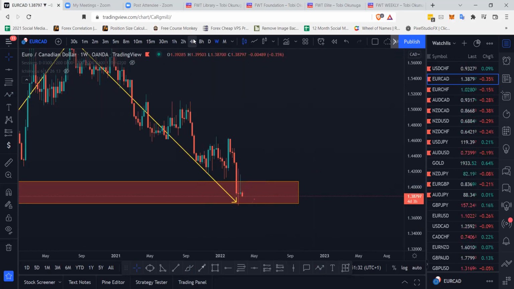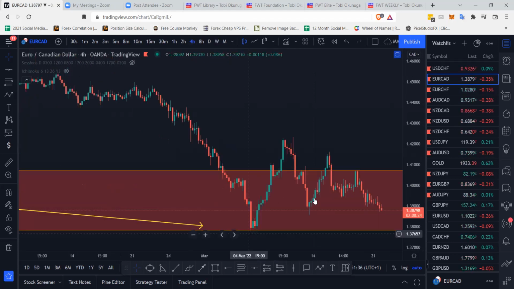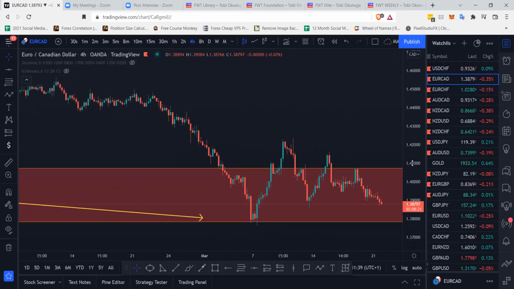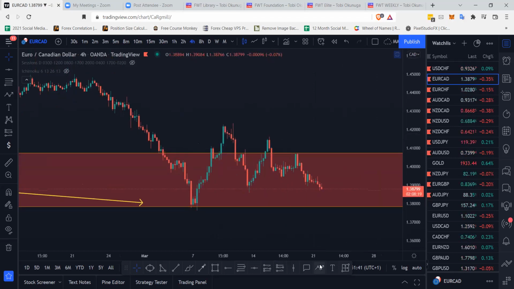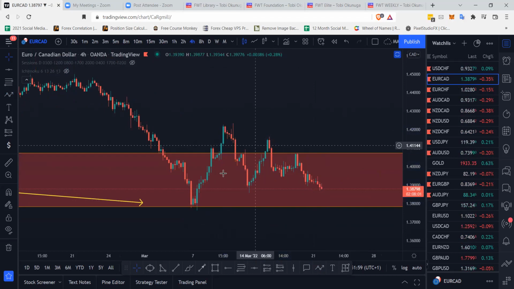So right now nothing is happening here. If this is going to be a sell, you can see this is impulse, correction. Price has not broken this zone yet to confirm the downtrend on the 4 hours. So nothing yet here.